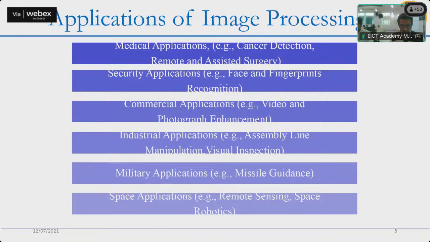Then commercial applications, such as video and photography enhancement. People do that. Then the industrial application: assembly line manipulation and visual inspection. In industry, you need to do many things, and also do them very quickly.